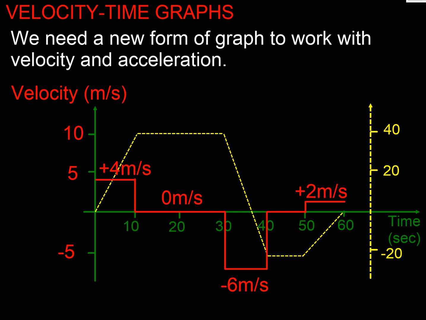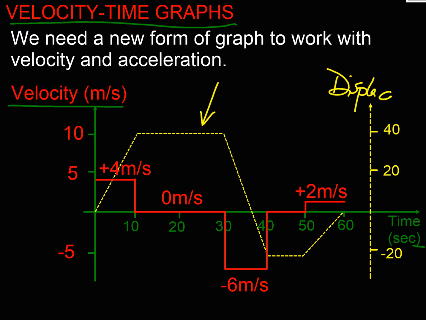To help us with this, we quite often draw, at A level, velocity time graphs. So here's our axis, and now our green axis is velocity. We've still got time on the x-axis. And if we looked at the travel that we did in the last example, that's my yellow line here, that's my displacement. That's my displacement time graph.